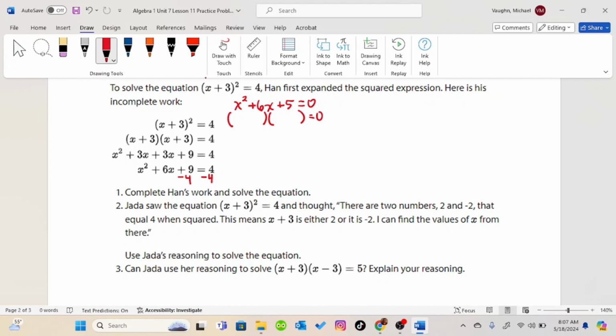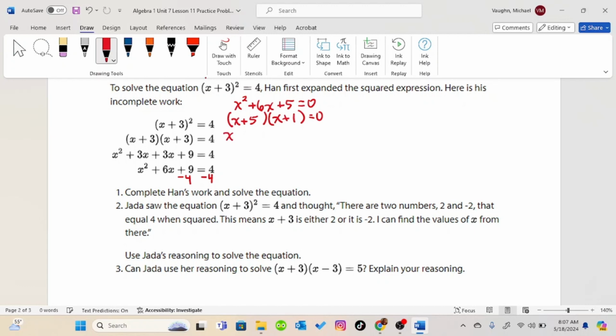We know that to get x squared, it must be x times x. The second symbol being plus tells me my signs are the same, and the first symbol being plus tells me both signs are plus. Now I need factors that multiply to 5 and add to 6, and that would be positive 5 and positive 1.